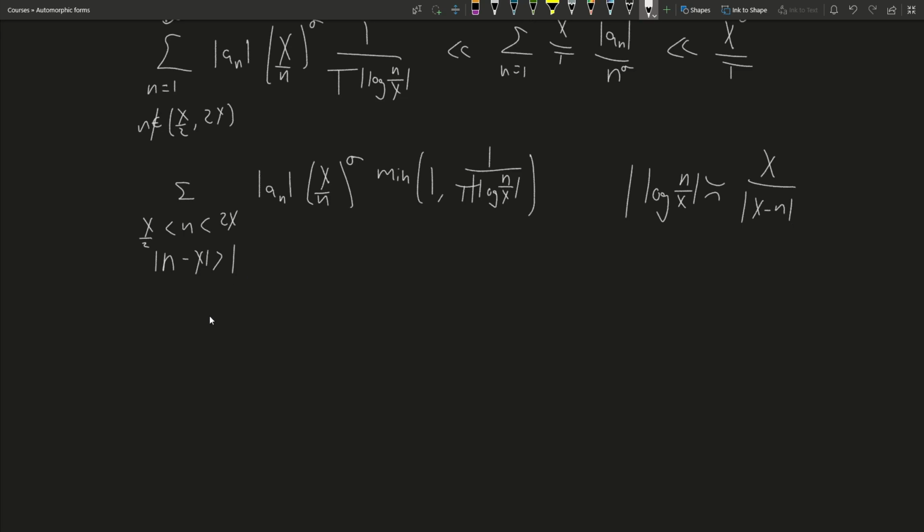Now this part here is bounded by, say, 2 to the sigma, and sigma we're thinking of as being fixed here, so I'm just going to drop that into the implicit constant. And then you have the sum over n from x over 2 to 2x, with n minus x greater than 1, of the absolute value of a_n.